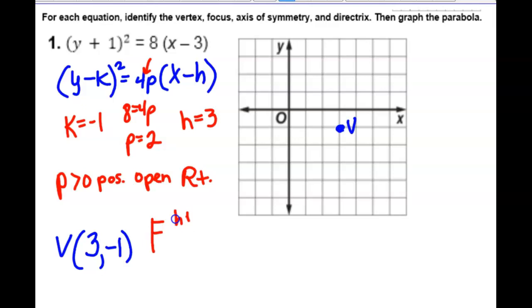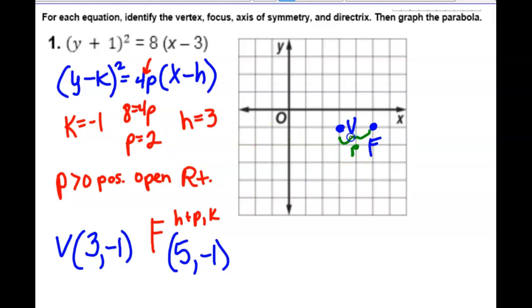The focus, it says h plus p comma k. So what would that be? What was p? p was 2. Yes, good. 5, -1. So over 5 and down 1 is our focus. And remember that meant this distance is actually p, which was 2. Okay.